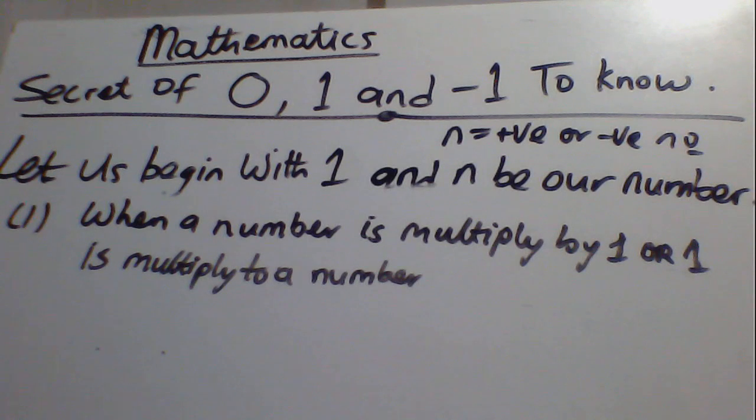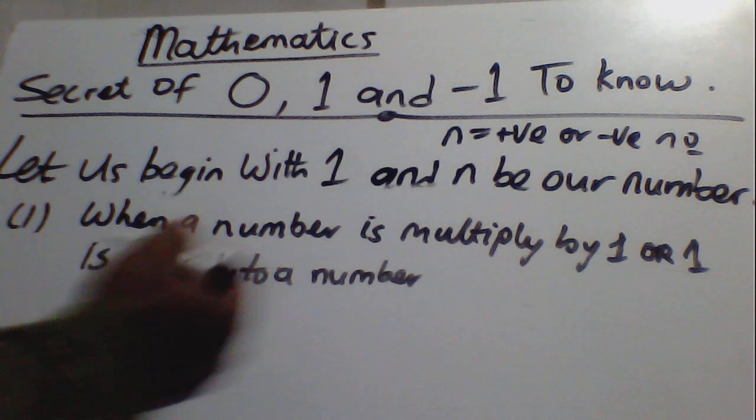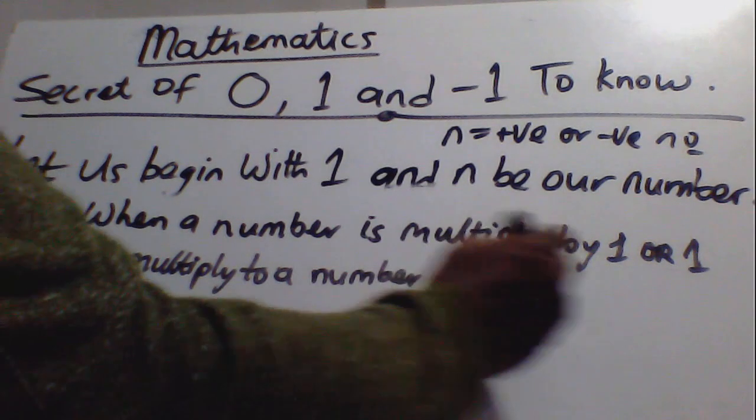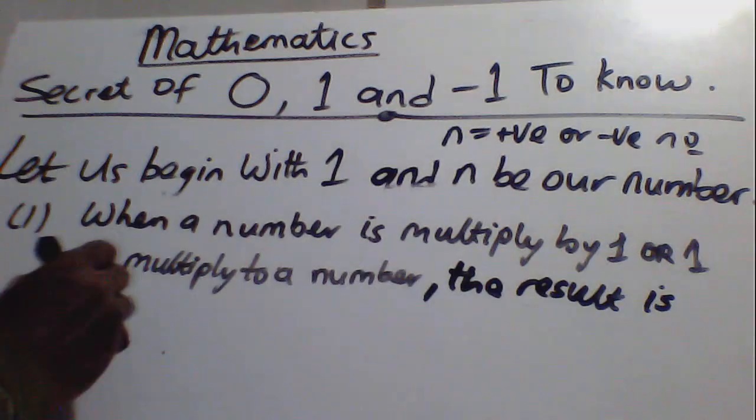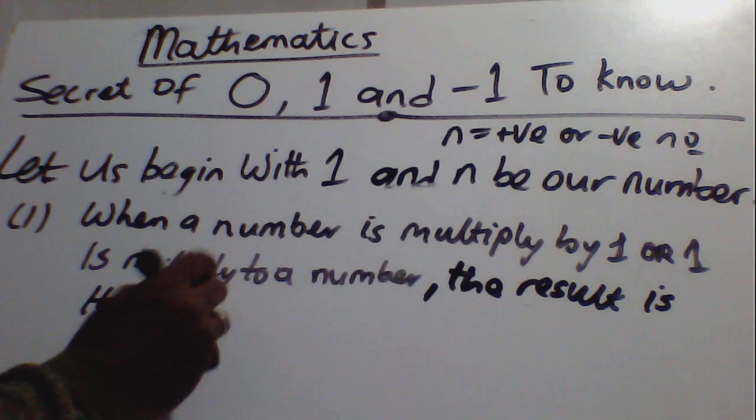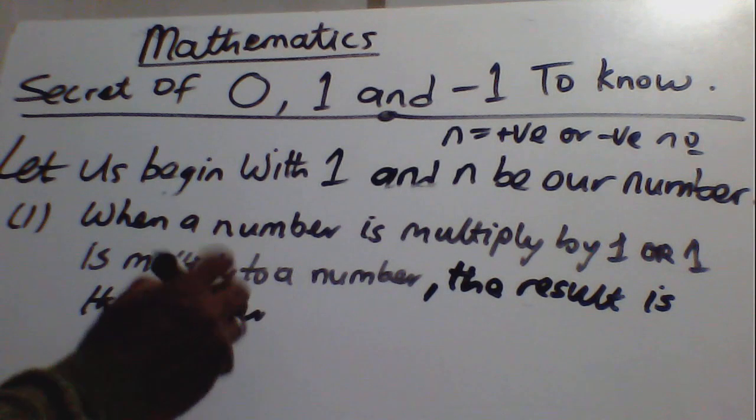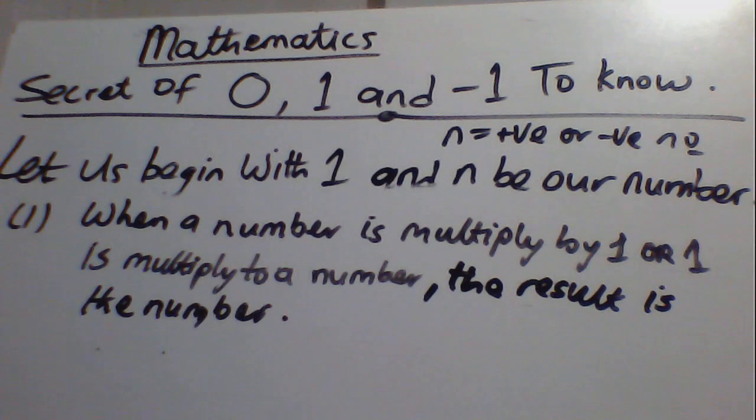When a number is multiplied by 1 or 1 multiplied to a number, the result is what? The number. So this is always magic if you haven't known this before.